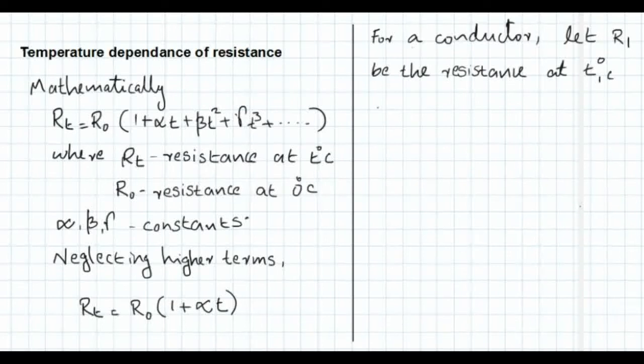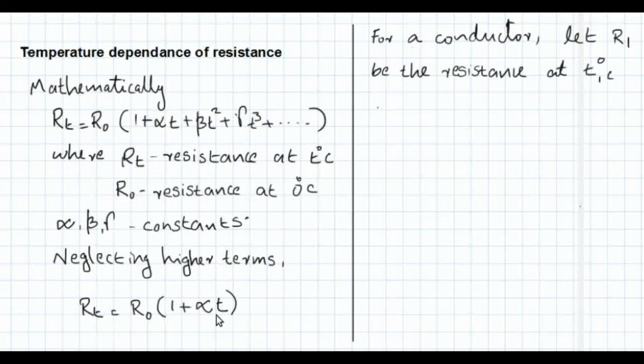Then for a conductor, R0 is normally a constant because it is the resistance at 0 degree Celsius. RT is equal to R0 into 1 plus alpha T. Here T represents the temperature. So when the temperature is T, the resistance is RT. That is the meaning of this equation.